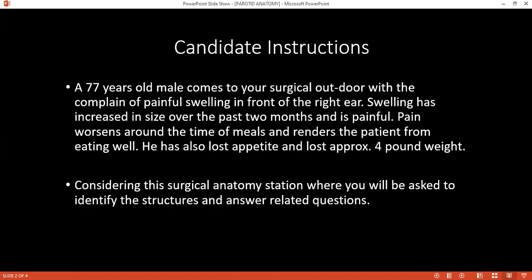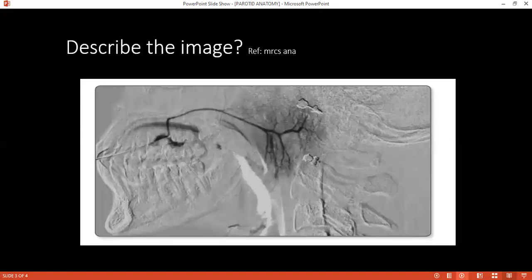Can I skip this question? Okay. You know the answer. If I give you a hint, one structure enters the parotid gland and divides into 5 branches. You know that. Yes, it's the facial nerve and its branches. What are those 5 branches?